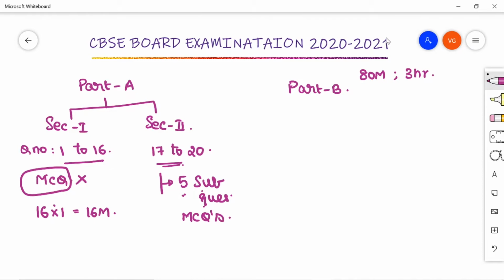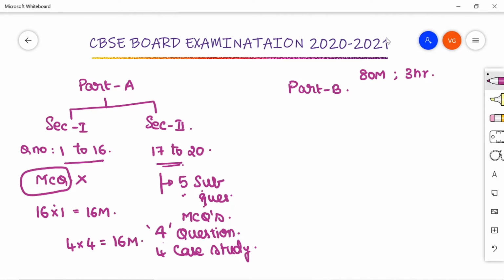Out of each 5 questions, you need to answer only 4 questions, in all 4 case studies. So each case study has 5 questions and out of 5 you need to answer only 4 questions. So 4 into 4, you will have here again 16 marks. So part A has 32 marks. All 32 are 1 marker questions here.